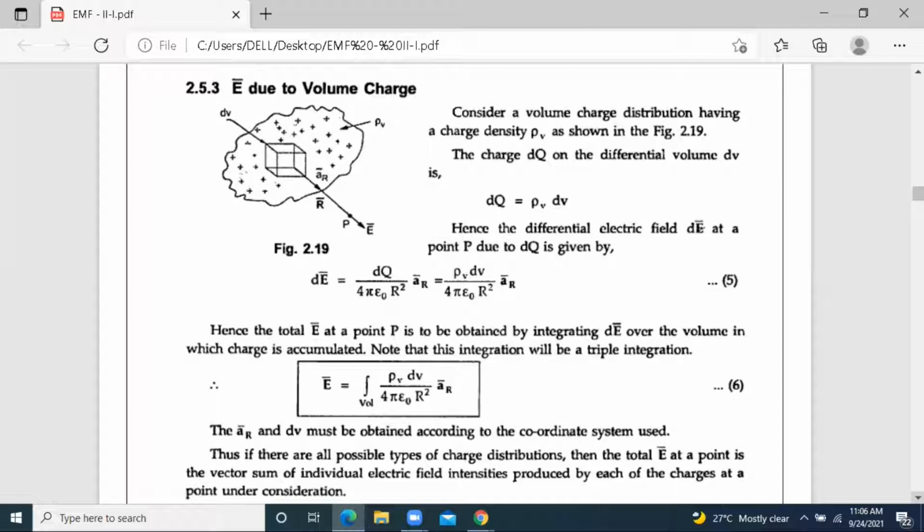We can have a volume of charge in any form. It can be a cube or a rectangular volume. It can be a cylinder, a sphere. It can be any other shape, right?